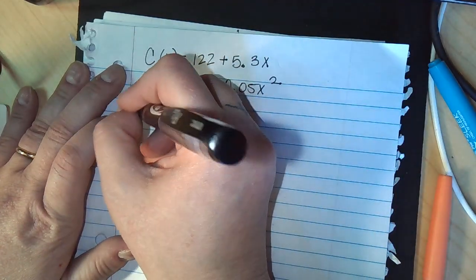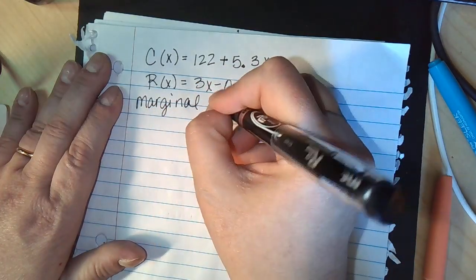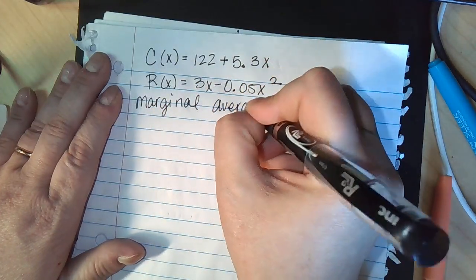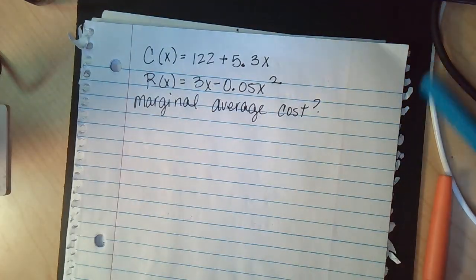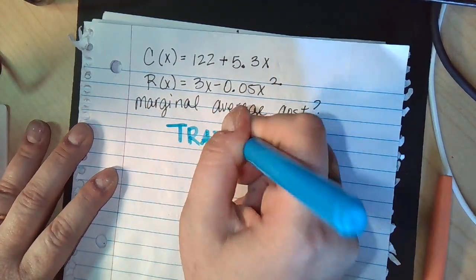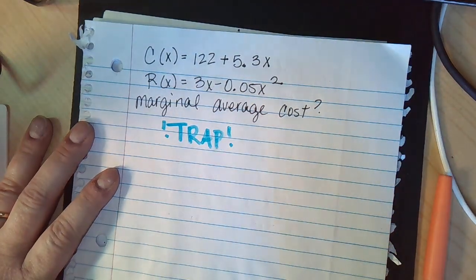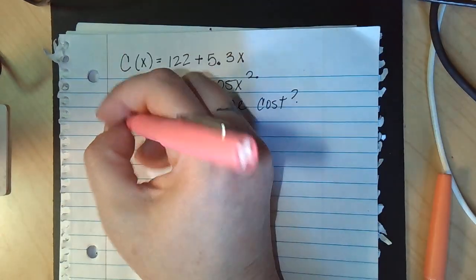But then it says, what's the marginal average cost? Okay, this is a trap because they gave us too much information, hoping to trick us. Okay, when it says marginal, that means you have to take the derivative.